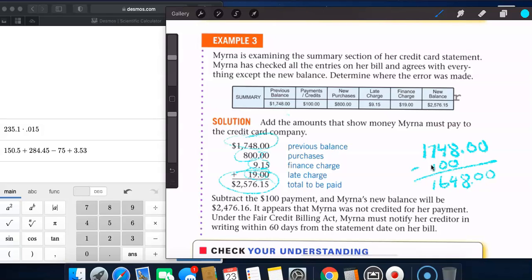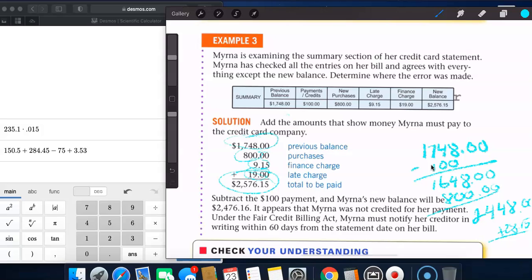We're going to add new purchases of $800 even, so we're sitting at now 2448 even. We've got a late charge, which is $9.15, and a finance charge of 19, so 28.15.